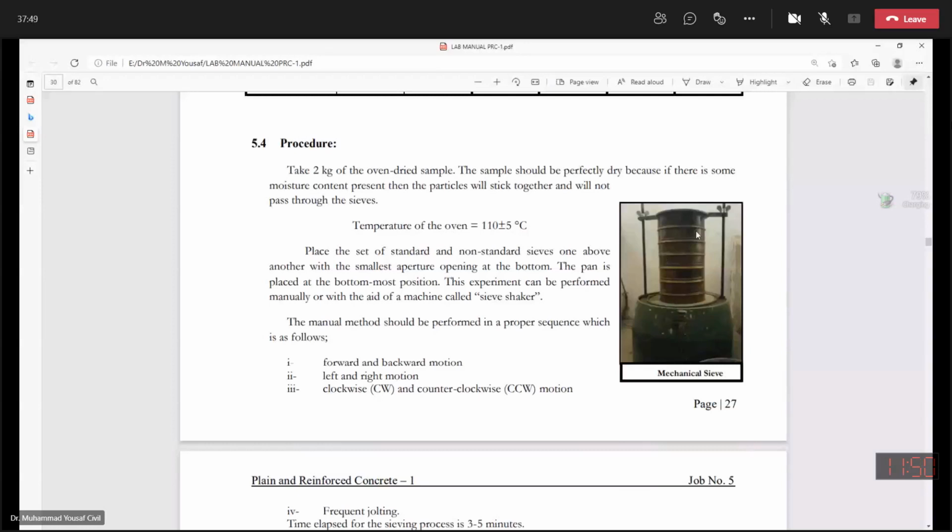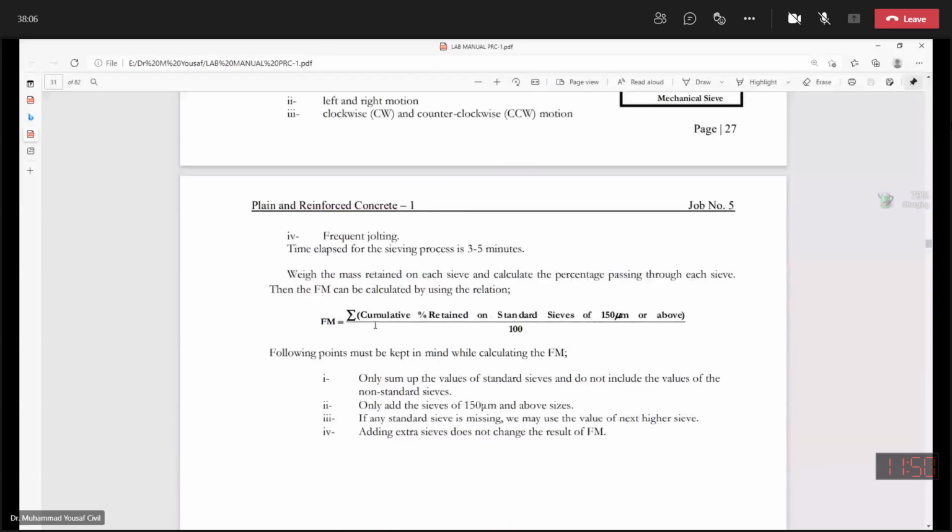All these percentages will be summed up, and all this will be divided by 100. So this is the cumulative percentage retained on standard sieves of sieve number 100 and above, divided by 100. So it will be giving you the final.